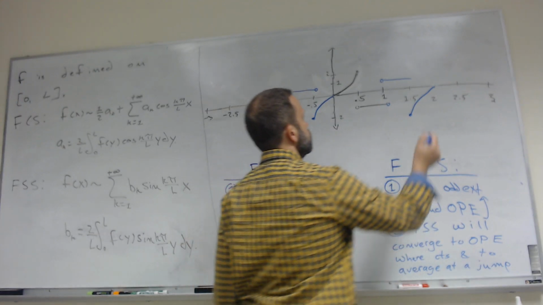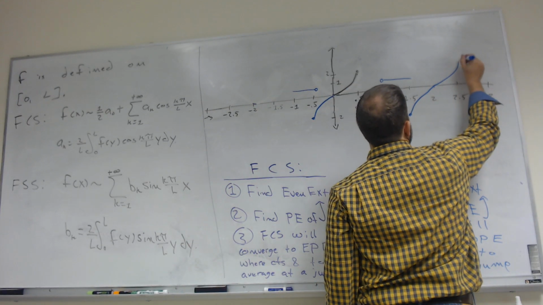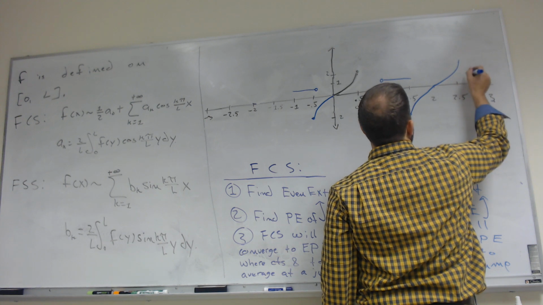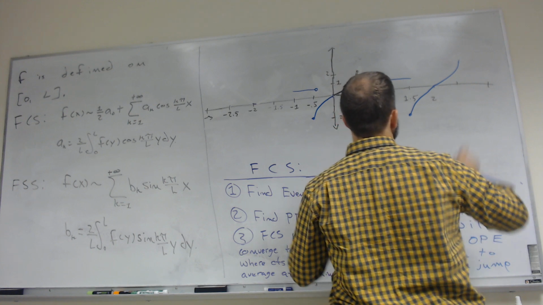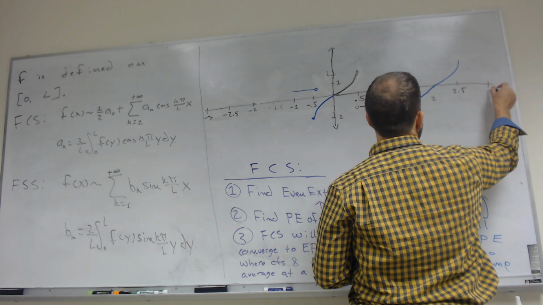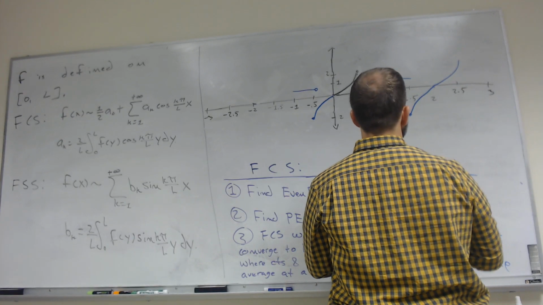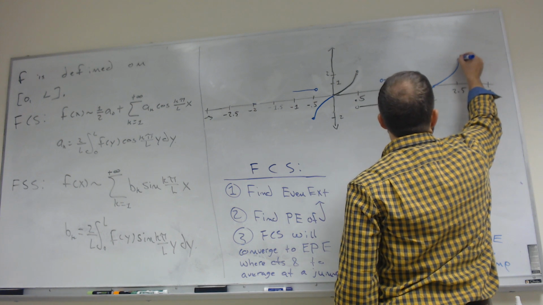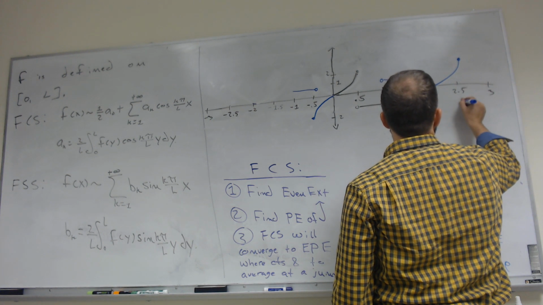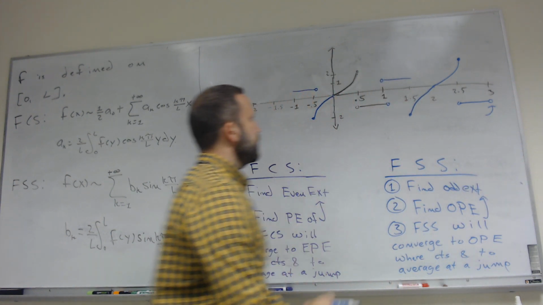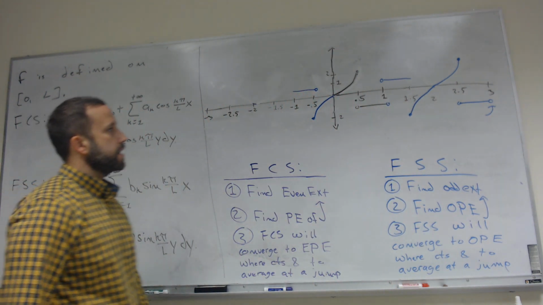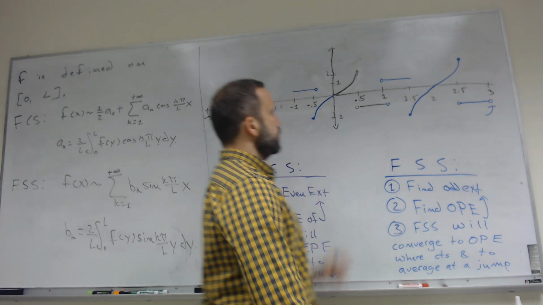And then the other part like this, and then I'm running into the same problem over here, so this is 2.5, this is 3. Due to the ill-definedness of the odd periodic extension, I don't know what it's going to be there.